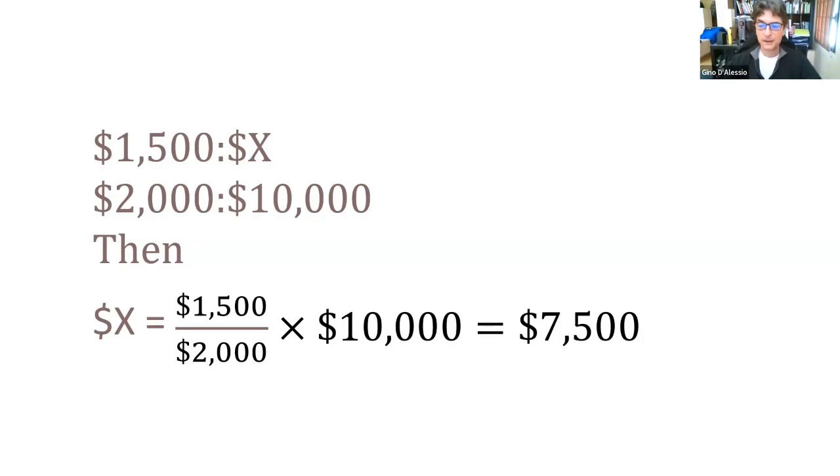So let's say you started your backtesting with $10,000 because you have $10,000 available, and you already established that your maximum drawdown will be $1,500.